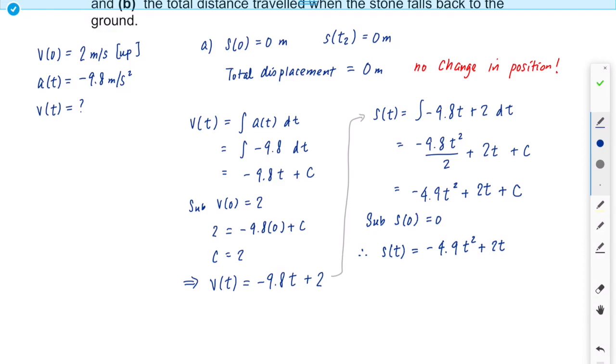So now I have a position function. Why is this useful? Because I need to know how long that stone was in flight in order to find the actual total distance, correct? So we know that the change in position is from 0 to 0.